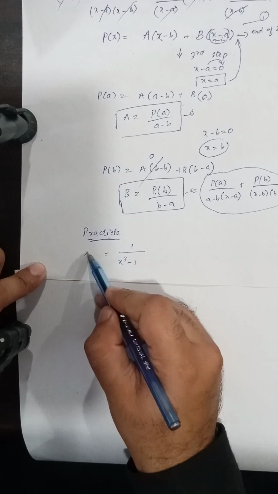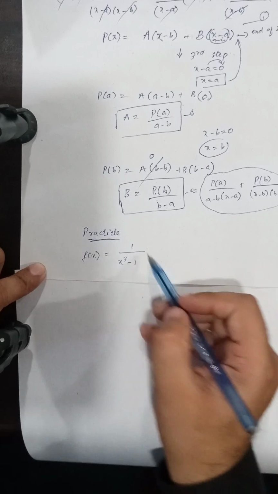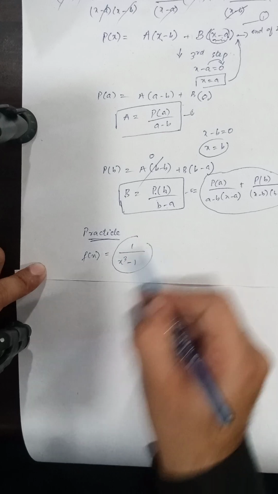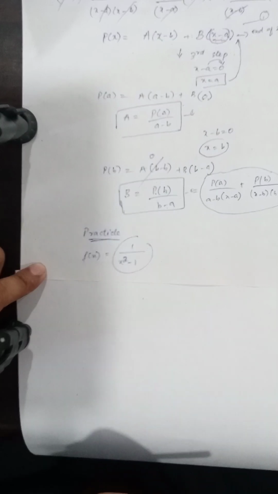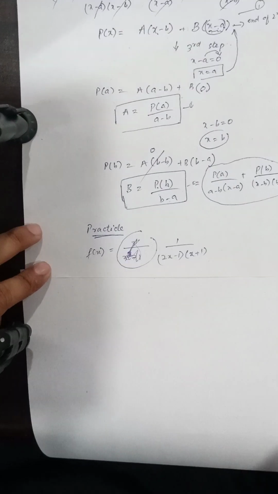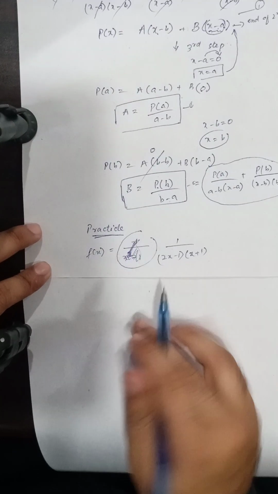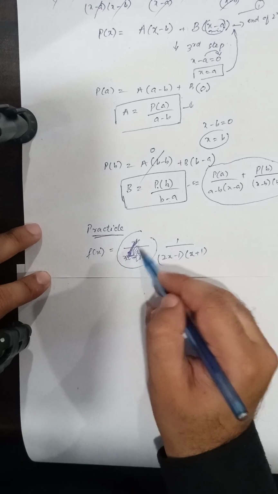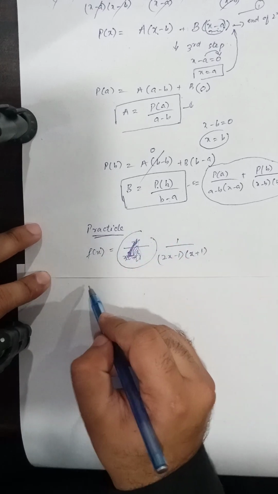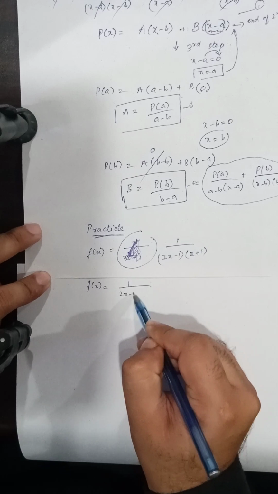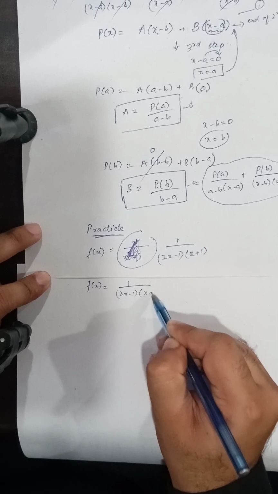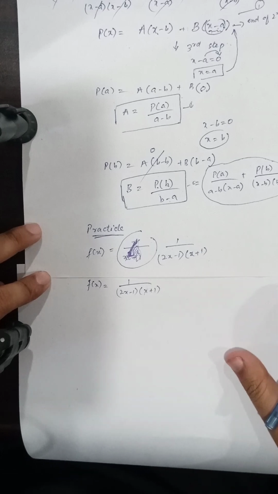Let this be a function f of x is equal to 1 over x cube minus 1, or x square minus 1. This example is easy, so I take another example, which is f of x is equal to 1 over 2x minus 1 into x plus 1, and find its partial fraction.